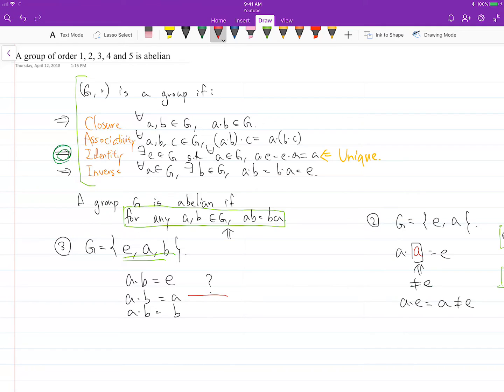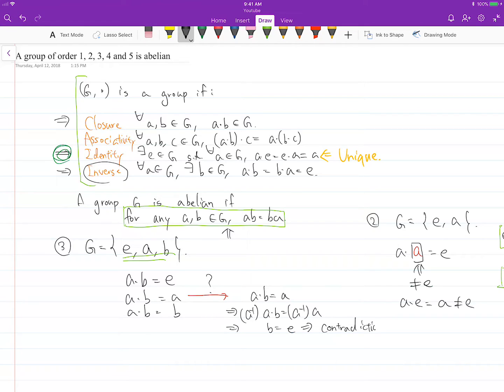So this is actually not correct. The reason for that is we know that every element in G has an inverse. So what happens is, if A times B equals A, this would imply that A inverse times A times B equals A inverse times A, and this would imply that B is the identity element, which is a contradiction.